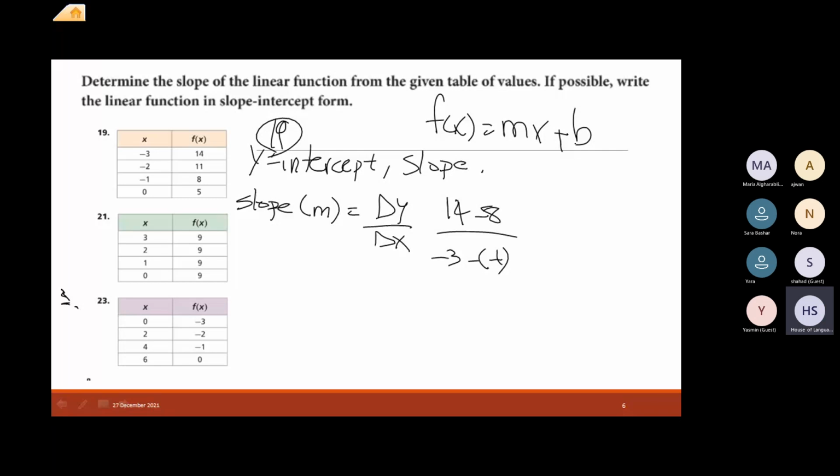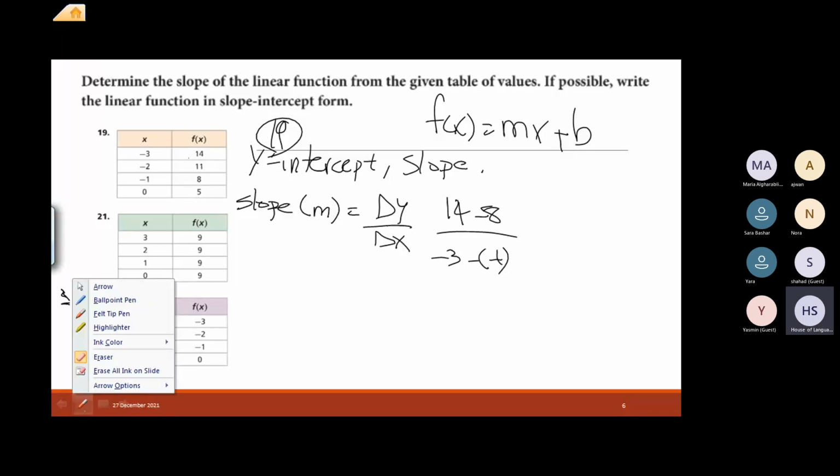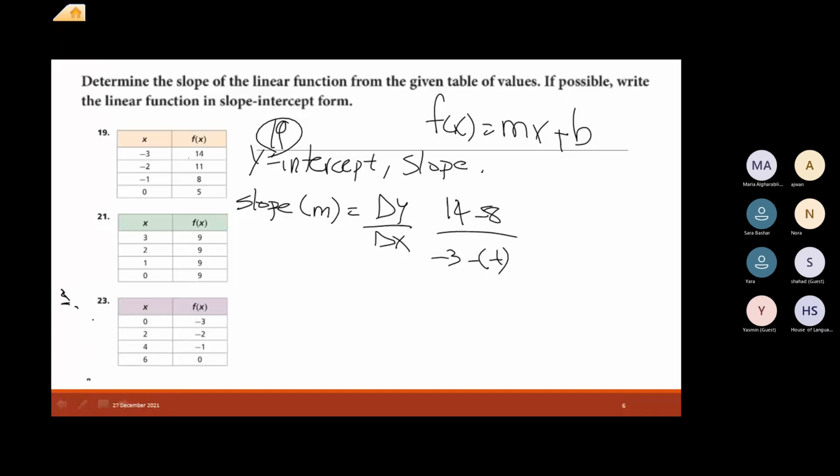What is the formula of the slope? Delta y over delta x. Where is y? I told you yesterday, y is the same as f of x. Ranim chose 14 and 8, 14 at the beginning and 8 at the last, to say 14 minus 8, which is delta y.